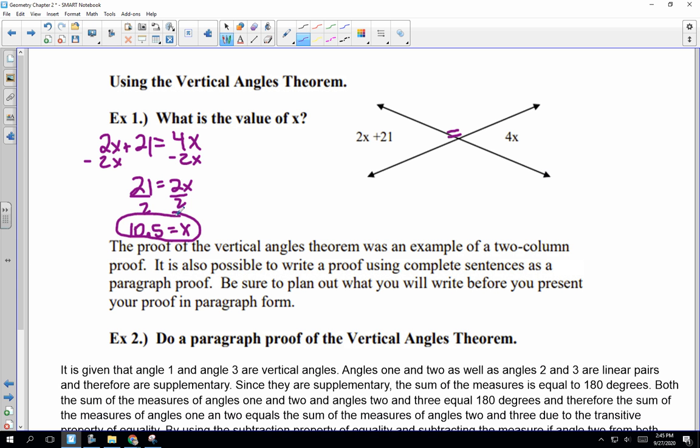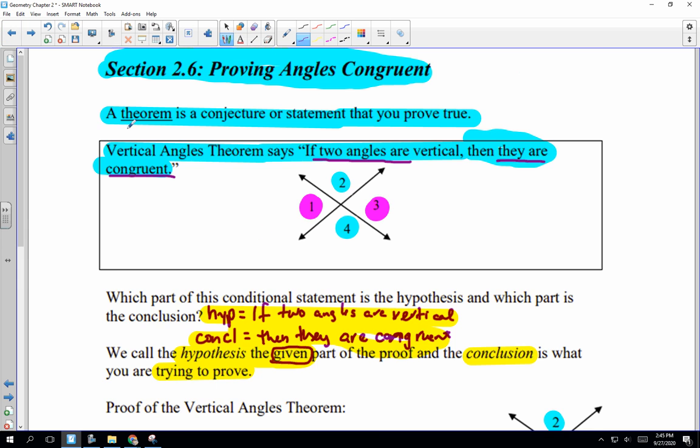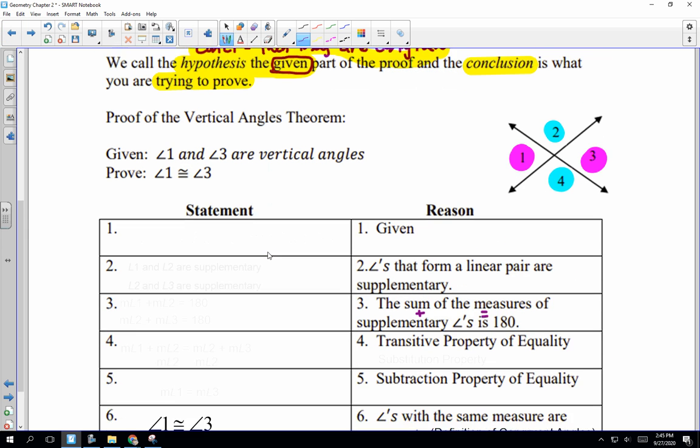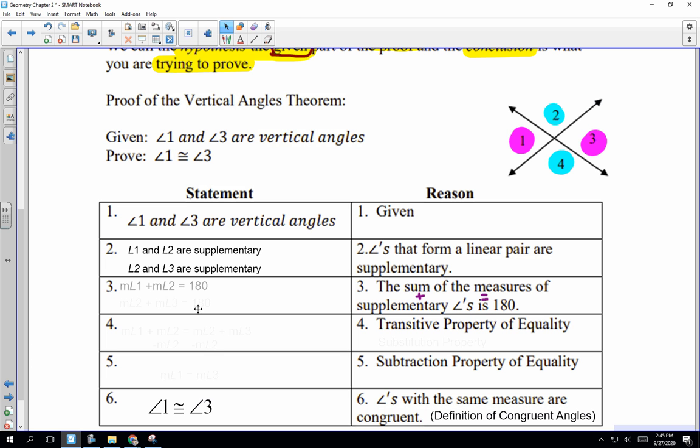All right, I'm going to show you a paragraph proof just so that you can see it. I don't want to intimidate you with the length of it. Yes, I want you to write down each one of these items. Sorry if I wasn't clear about that before.